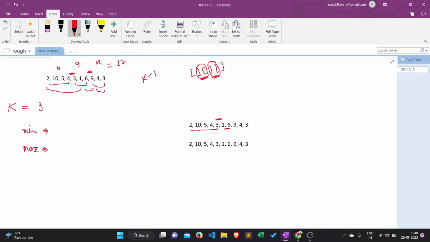It will go up to this, and the next will start from this to, and the third subarray is this itself, only a single one. So you consider the sum: 2 plus 3, 5, 5 plus this contribution is 5, 1 plus 1, 2, and 6 plus 3, 9.